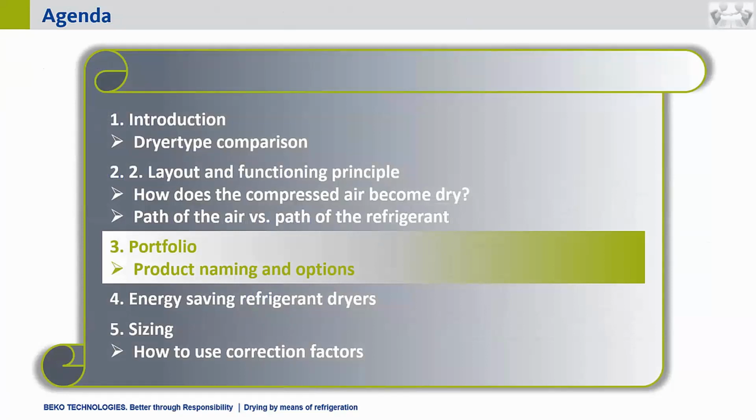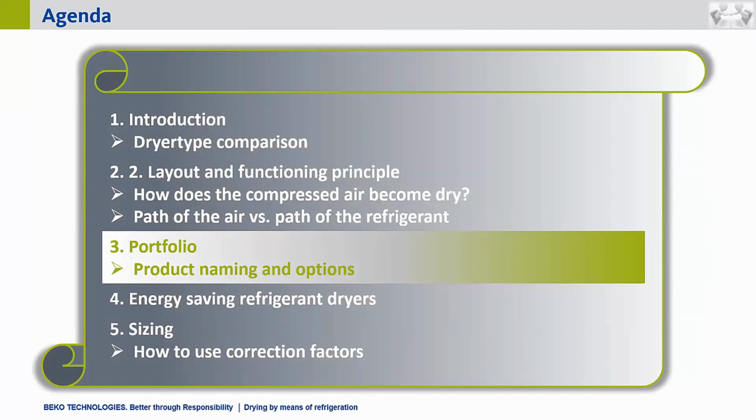Thanks for this interesting part, Patrick. I'm really looking forward to the third part. But yes, we received a question from the audience, and it's regarding the working pressure. The question is why the working pressure of 16 bar is only available for the smaller units.